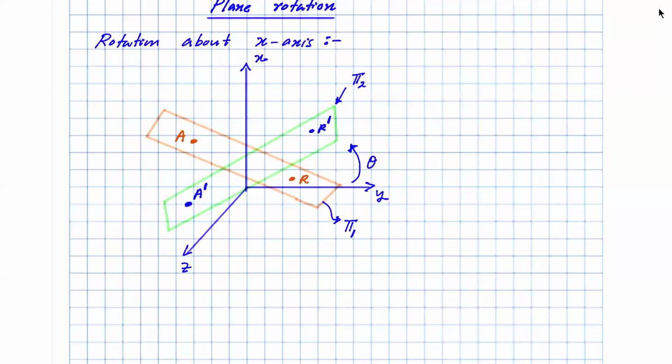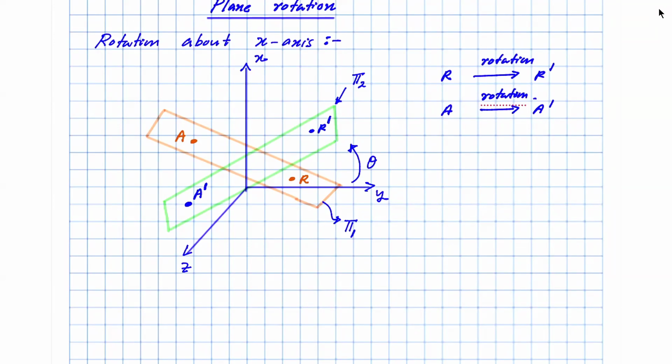Now, I'm writing here R becomes R prime, A becomes A prime. This is after rotation.